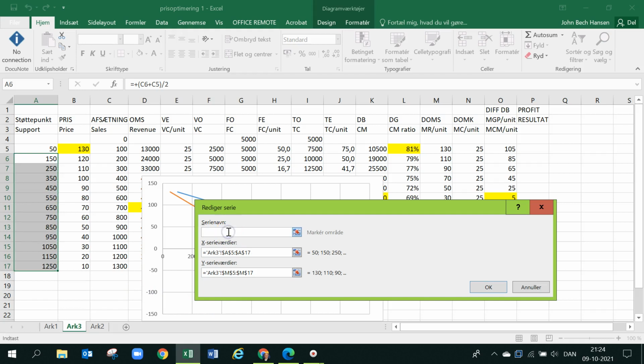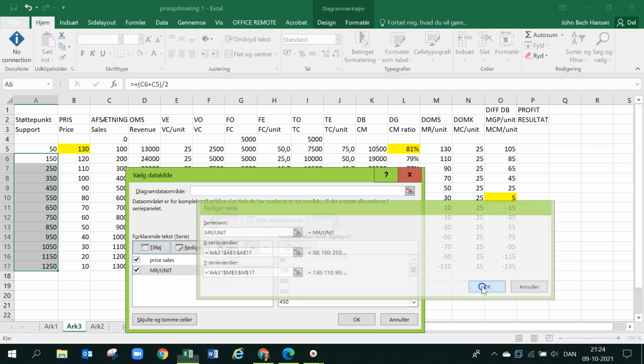And this is the marginal revenue per unit. Like this.